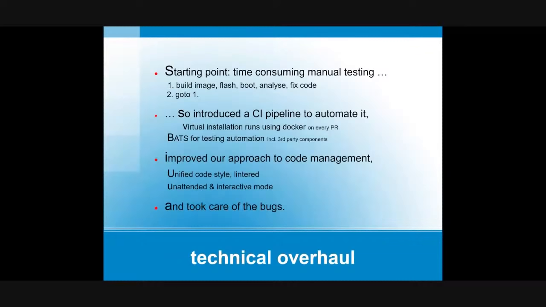So I was right away violating the principles from the last slide, not to use any Docker, but it's just for testing purposes. We also added BATS, a bash test automation framework. So all of the stuff that gets added or has been added, such as third-party tools, is also well tested.